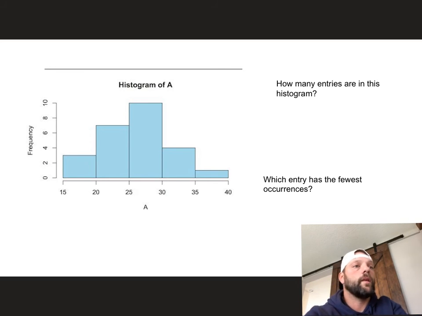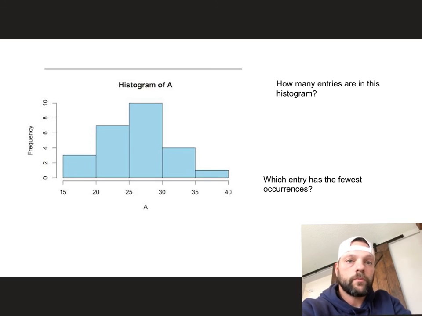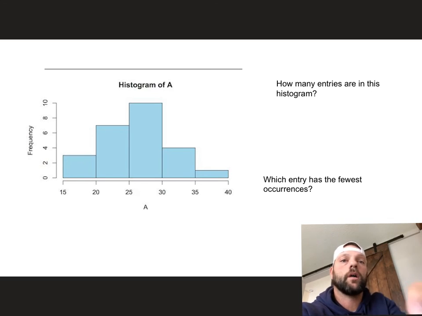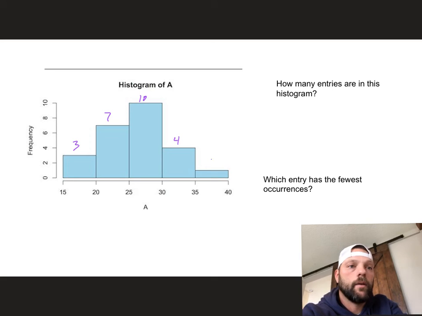The question asks how many entries are in this histogram. We don't know what exactly this is talking about, but our entries here, so I have 3 here, and then I have 7 here. This looks like 10 to me, and then that's a 4 and 1.